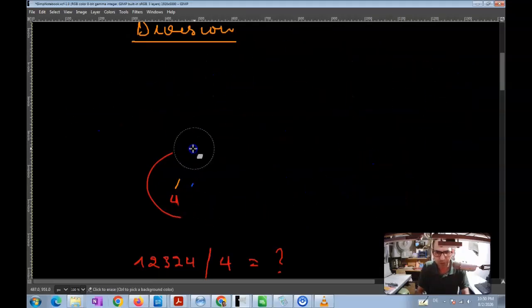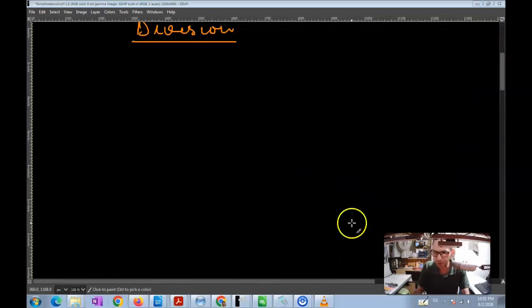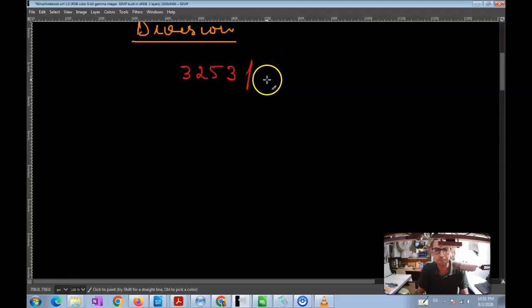Suppose that I have many objects, for example 3,253, and I want to divide it by, for example, 3. Whether that's possible or not, we will see, but that's not important for now.